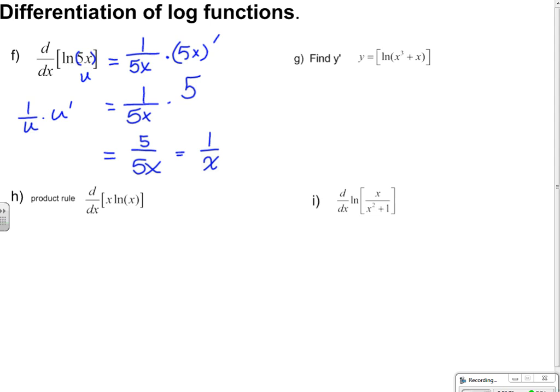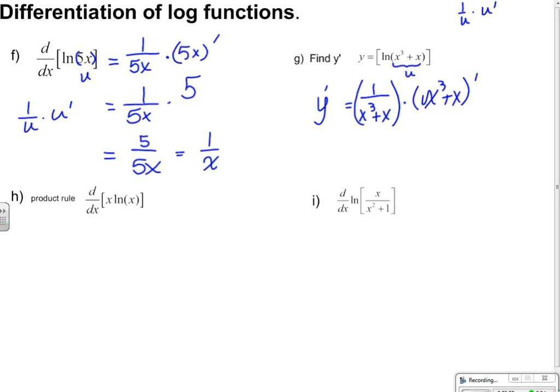Letter G, find g prime. And our function is the natural log of x cubed plus x. So, back again, the derivative of a natural log, this is all our u here, isn't it? So remember, we want to do 1 over u times u prime. The derivative y prime will equal 1 over x cubed plus x multiplied by the derivative of u. So now I've got to go into x cubed plus x and take its derivative.